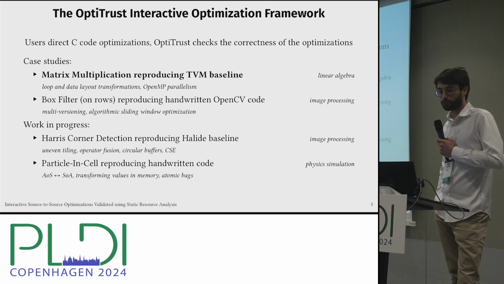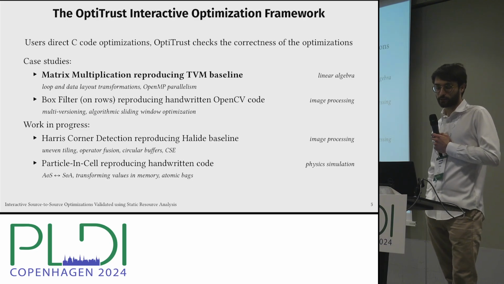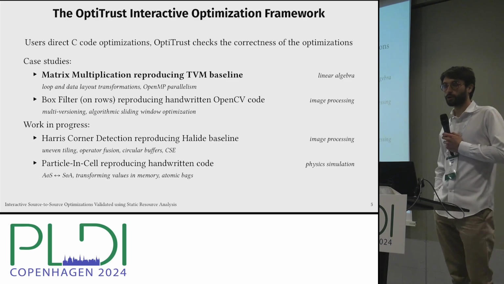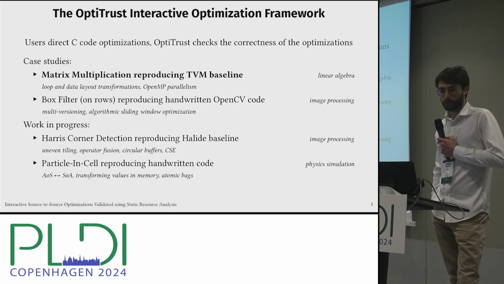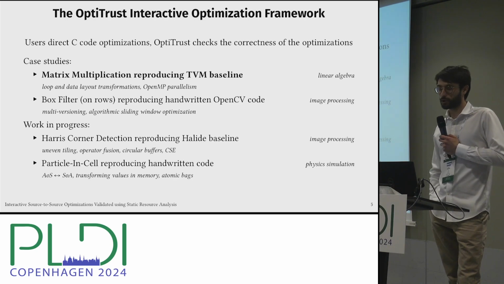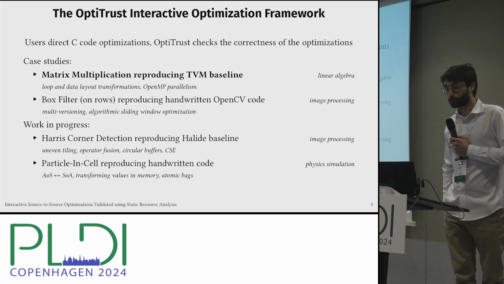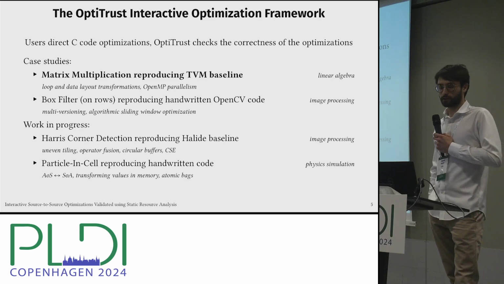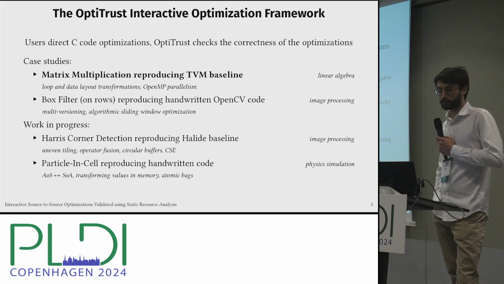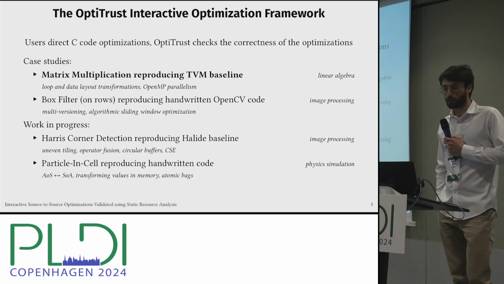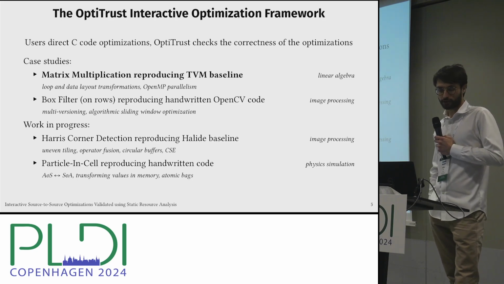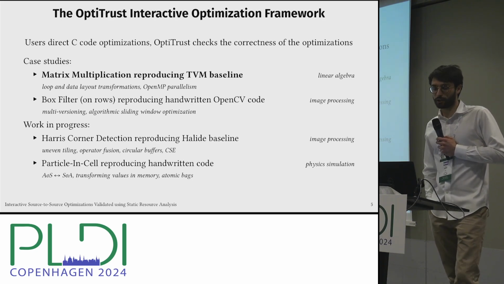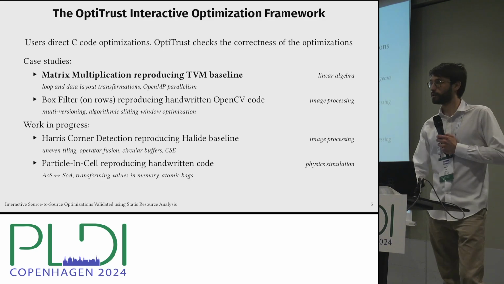But we also have a fully working case study on image processing, where we optimize a box filter on rows, which is standard in bigger image processing pipelines. And we are also working towards more complicated case studies. So there is one in image processing called Harris corner detection, and one in physics simulation that is called particle in cell.